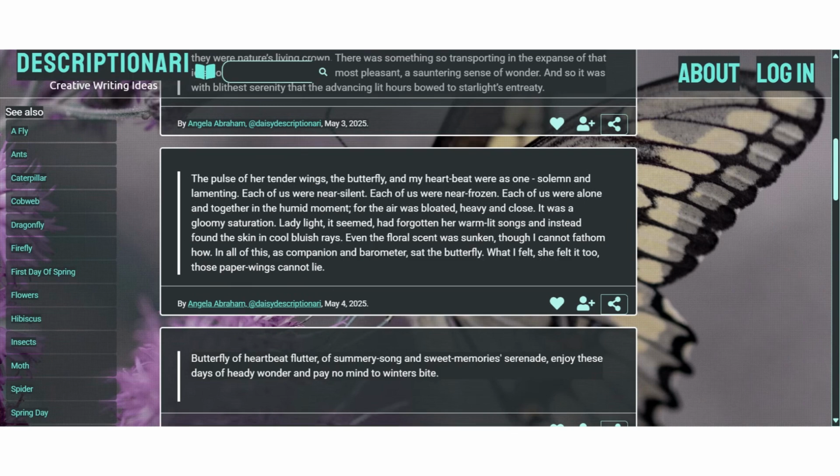Lady Light, it seemed, had forgotten her warm-lit songs and instead found the skin in cool, bluish rays. Even the floral scent was sunken, though I cannot fathom how. In all this, as companion and barometer, sat the butterfly. What I felt, she felt it too. Those paper wings cannot lie.